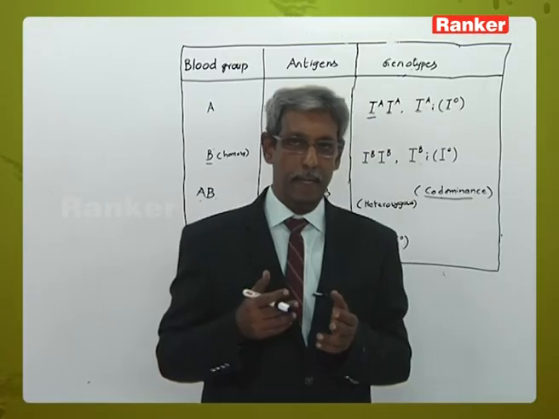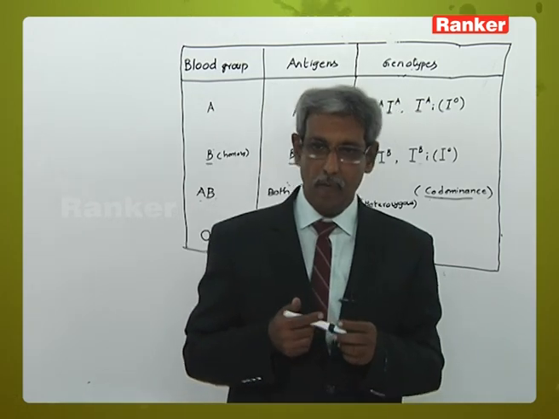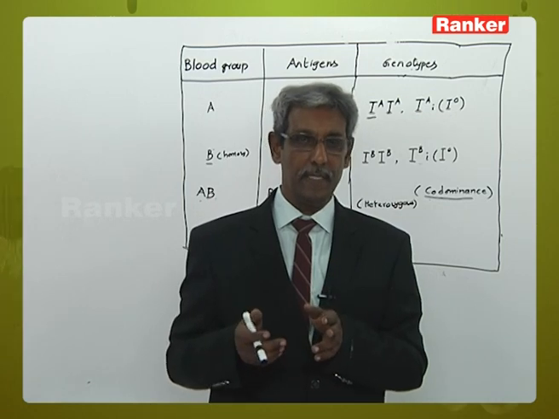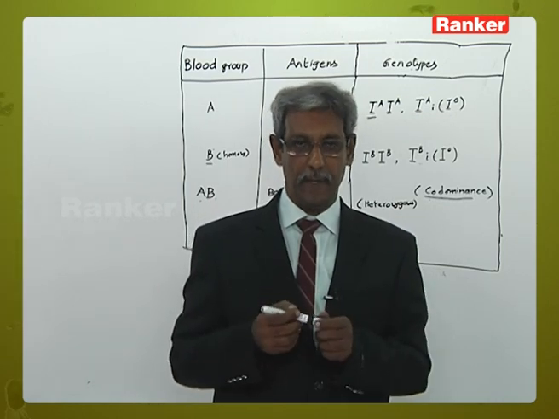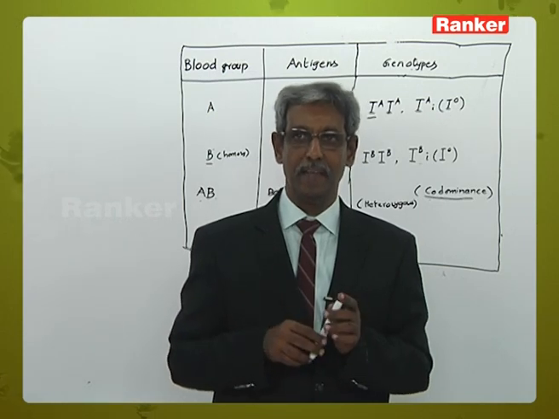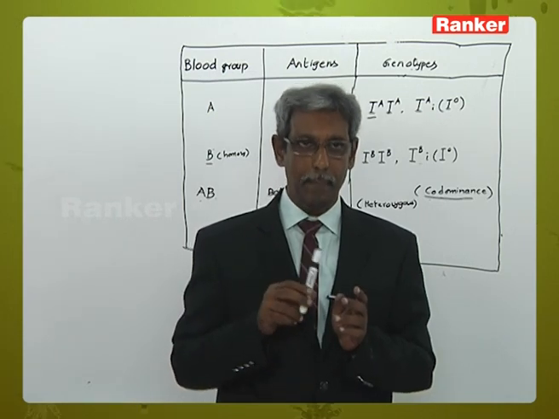In multiple choice questions, often the genotypes of the parents are asked, given the offspring and the blood groups of the offspring. So, question number 19 says the offspring produced from a marriage have only O and A blood groups.